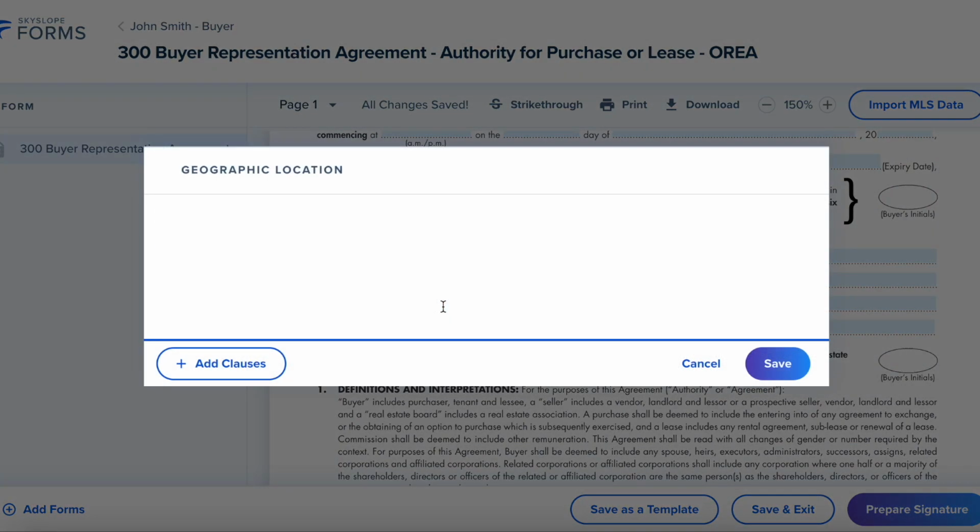Geographic location, this could include one large location, Muskoka region, or we could do Muskoka, Simcoe County. We could do Bracebridge, Gravenhurst, Orillia. You get the point.